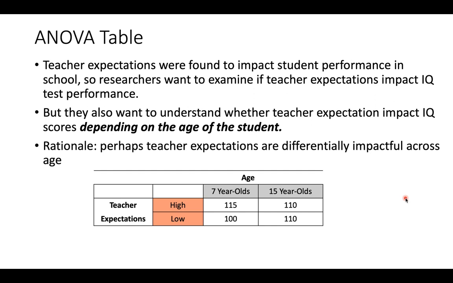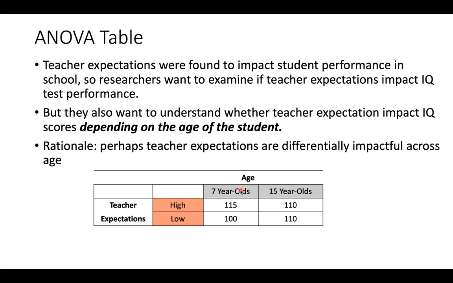So in this example, we're going to ask a question about how the age of students and their teacher expectations impact their IQ. So our means here in the cells of our Punnett square in our marginal means table are IQ scores.